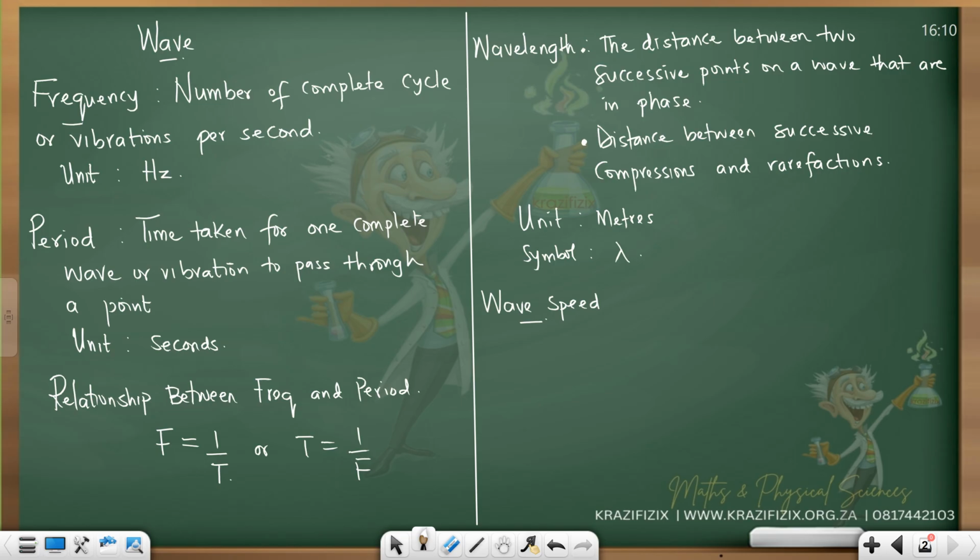So the speed of a wave can be said to be the rate of change of distance, and therefore speed will be distance over time.